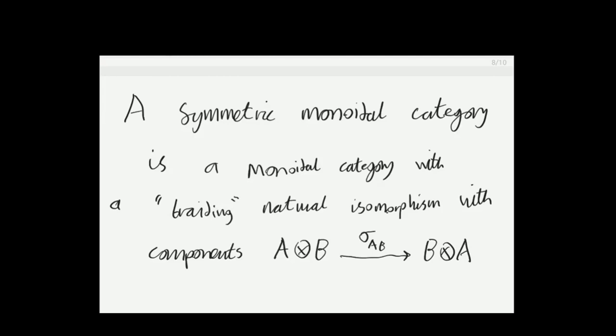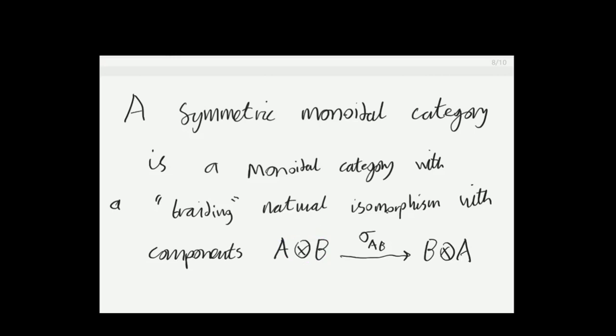Okay, so now we know what a monoidal category is. It's pretty easy to define a symmetric monoidal category. Roughly speaking, it's just a monoidal category where we can switch the order in which we tensor two objects together.